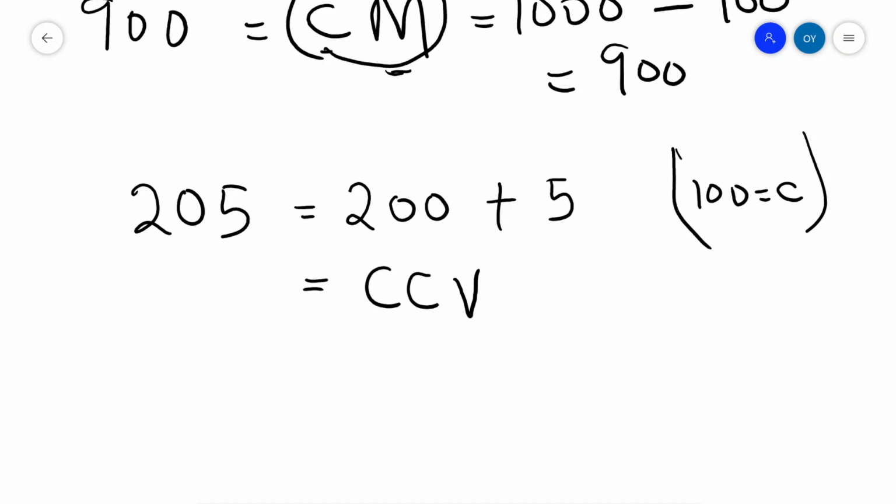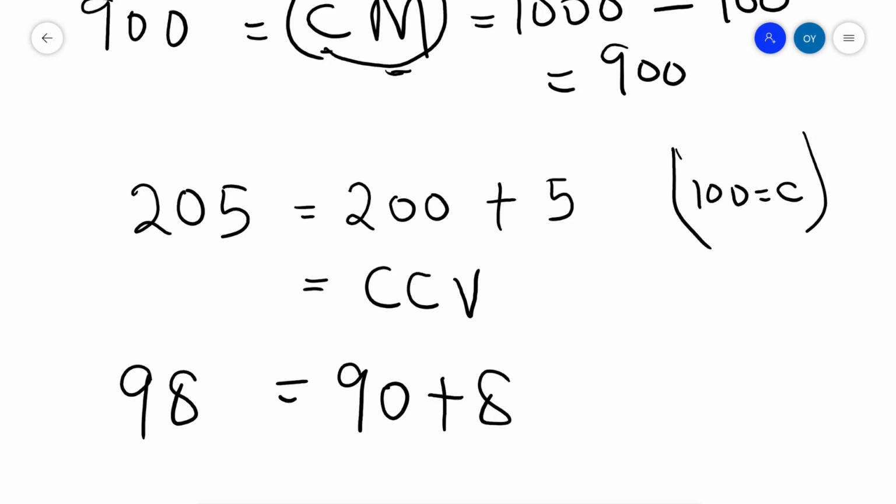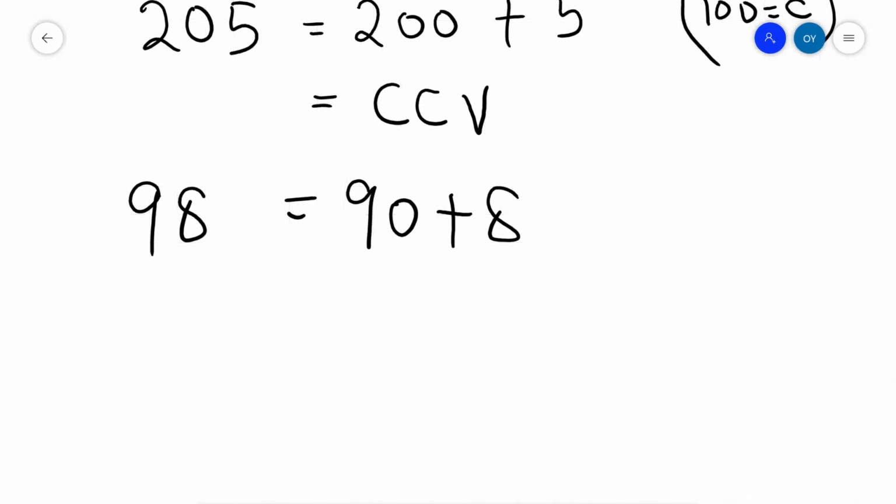Let's try another example. We are told to write 98 in Roman numerals. 98 in the expanded notation is 90 plus 8. And remember, 90 is 100 minus 10, which will give us XC.